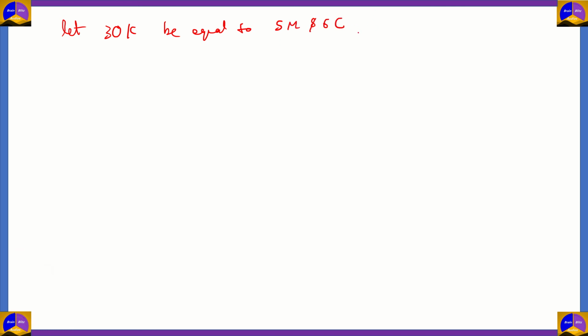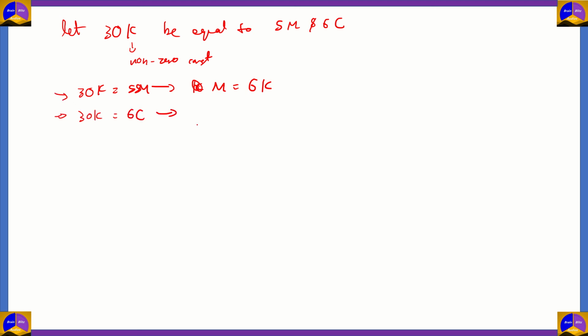All right, so we're going to consider K to be a non-zero constant, just so you know that 30 times 0 equals 0 doesn't make it incorrect or unequal, so we're going to make K non-zero. So we know that 30K equals 5M. That means M equals 6K. We also know that 30K equals 6C, so therefore C equals 5K.